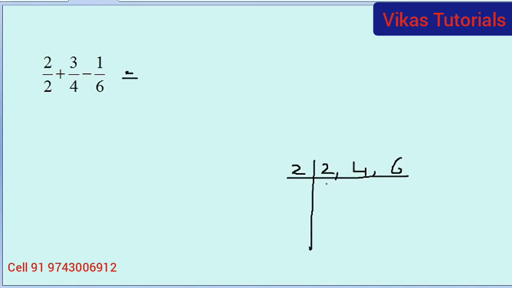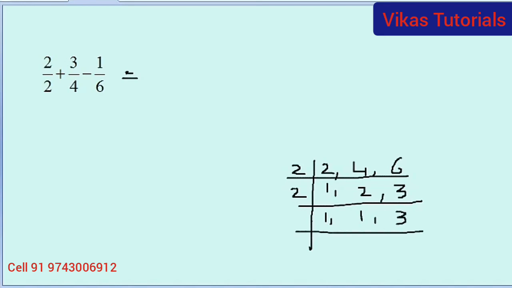Okay, this is 2 ones are 2, 2 twos are 4, and here 2 threes are 6. Now if you see 2 and 3 are remaining, we cannot divide these numbers by any one number. So one by one we will do. First it is 2, 1, it will remain same, 2 ones are 2, 3 we cannot divide, so we write it as it is.